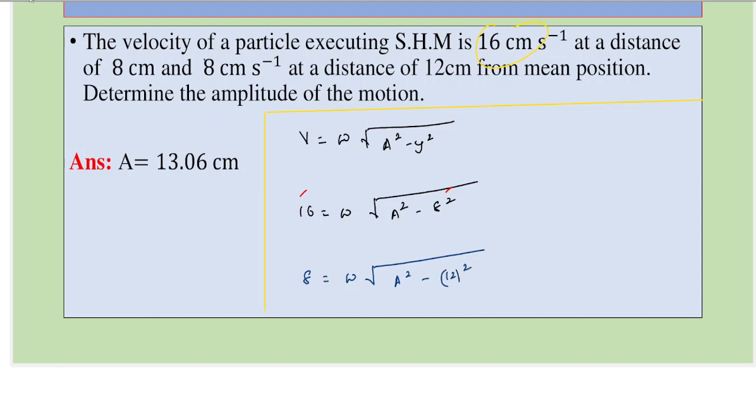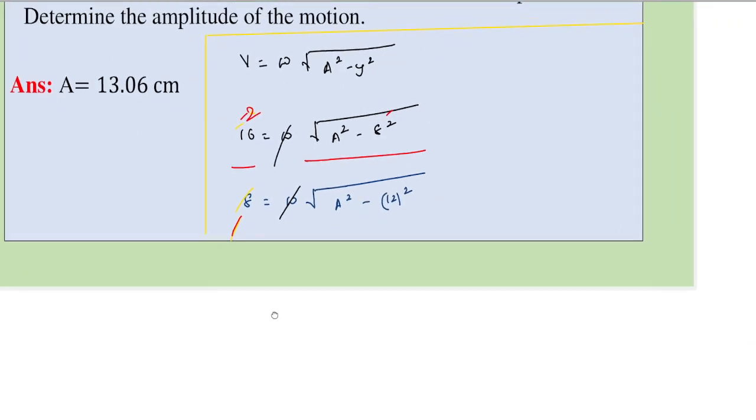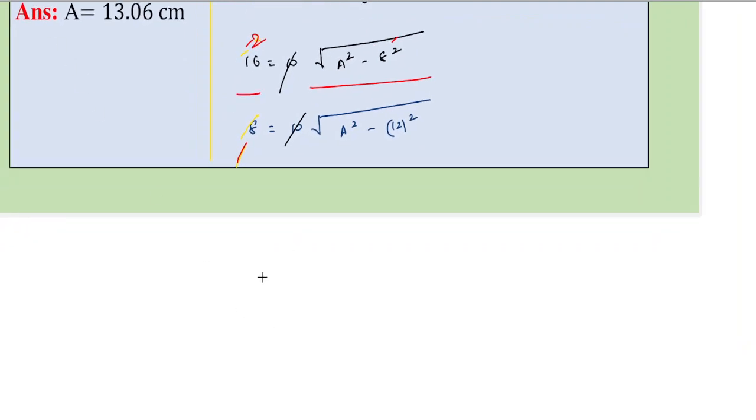If you divide these two equations, omega gets cancelled, so it becomes 8 ones are 8, 8 twos are 16, so 2 on one side and 1 on the other. Finally what we get from this is, if we cross multiply, bringing this term on top, 2 into under root of a square minus 144 is equal to under root of a square minus 64.